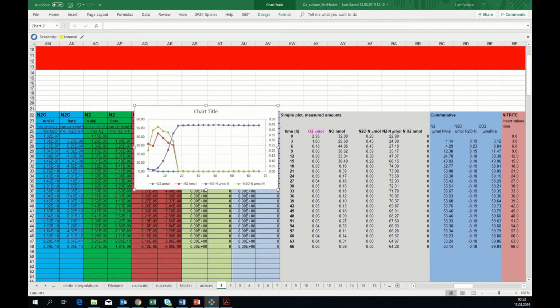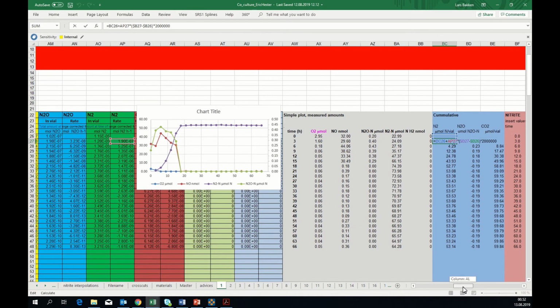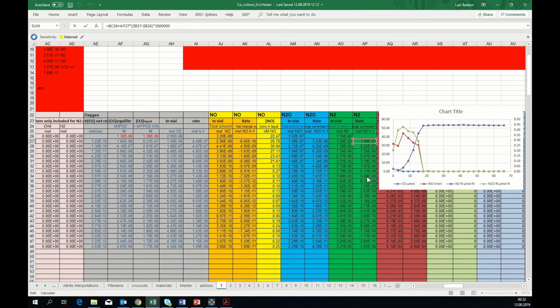I would strongly recommend that you try to understand the calculations here, and that means that you should inspect the formulas. If you look at the formula for cumulated N2, it takes the previous value, which is 0 to begin with, plus AP27. And what is that? AP27 is marked over here. It's the rate of N2 production, 1.9 times 10 to the minus 7 moles of N2 per hour.